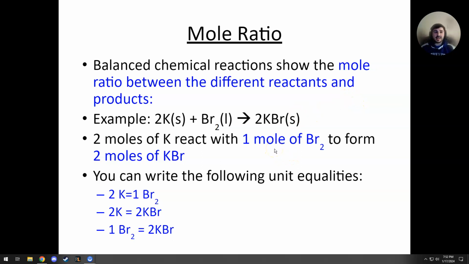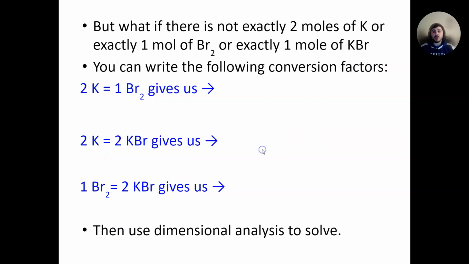Now, again, if we have unit equalities, hopefully you all are able to pick up on this now. If you're ever setting 2 different measurements equal to each other to create a unit equality, there are 2 things you can create from your 1 unit equality. And yes, they are our conversion factors. So if I have this unit equality here of 2K equaling 1Br2, that's going to give us our 2 fractions, 2K over 1Br2 and 1Br2 over 2K.